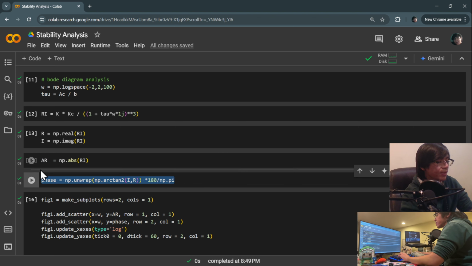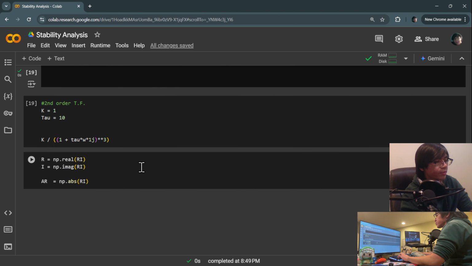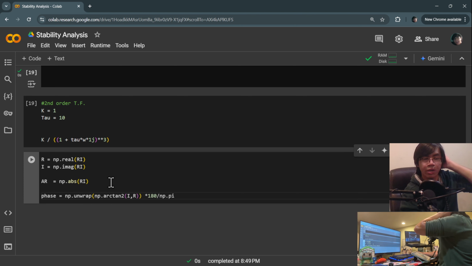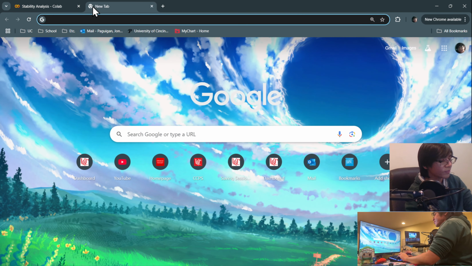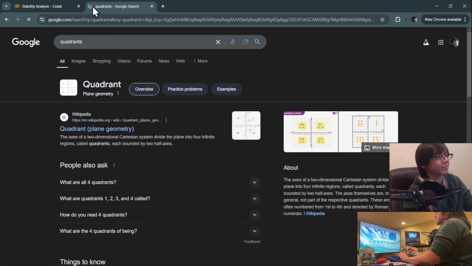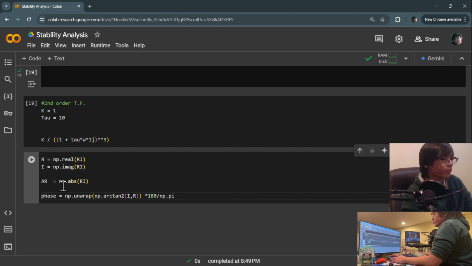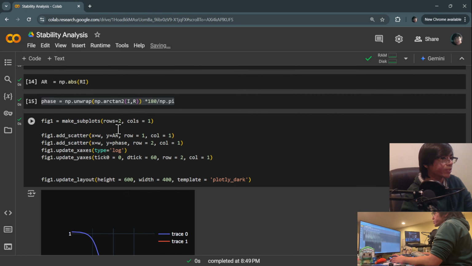And then for the phase, we unwrap the arctan function so that it would keep going negative instead of popping up to the positive quadrant, quadrant 1. So it'd be going negative, quadrant 3, and then popping up to quadrant 1. But np unwrap avoids all of that, and of course we convert to degrees.